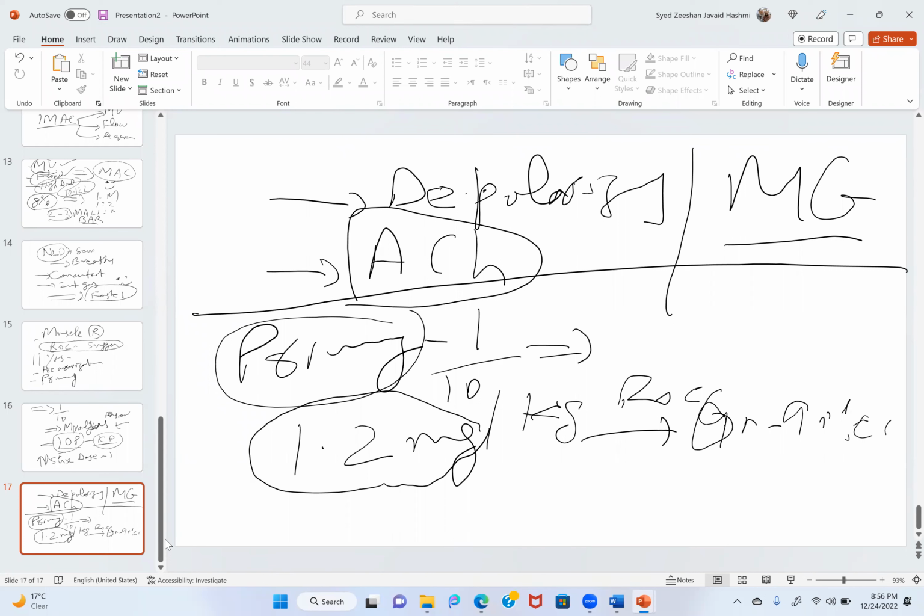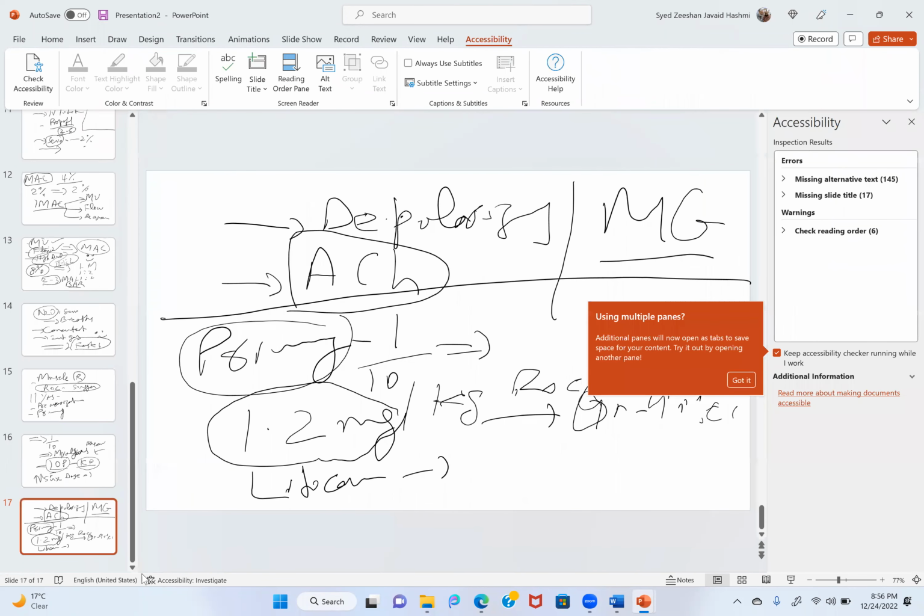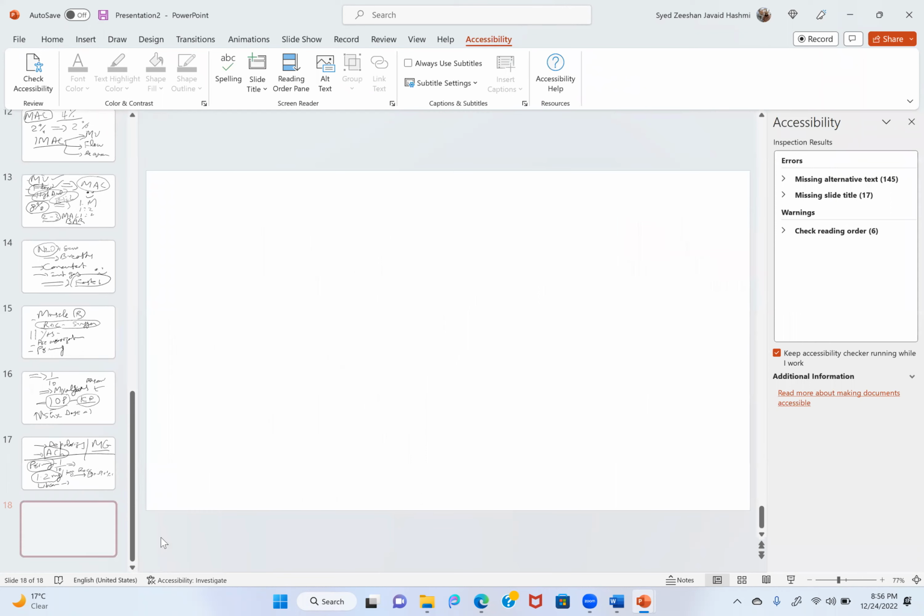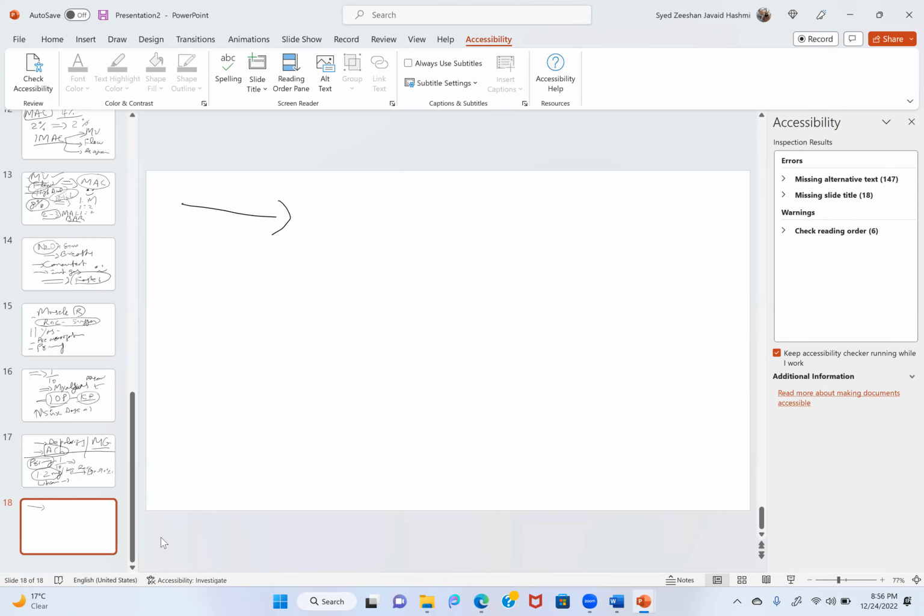You are giving a small dose of the muscle relaxant before giving the induction agent. Now, rocuronium is a painful injection, so it is better if you give some lidocaine first. I will come back to what I was telling you about the cocktail. The advantage of a cocktail is that you can make any combination.